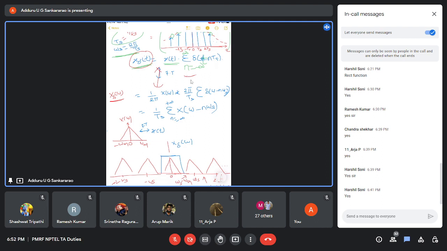So in the Fourier transform, I'm writing here, the Fourier transform of x del of t is 1 by 2 pi into x of omega convolved with 2 pi by ts times the Fourier transform of the impulse train. Okay, the Fourier transform of impulse train.